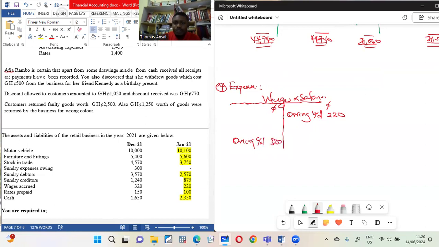Now, even with this one, you see that there has been an increase in a liability. In the beginning, I had an owings of 220. At the end, I have an owings of what? 320. That should tell me that in between, I have incurred an additional expense of 100, which I have not paid, all right? So that is that.